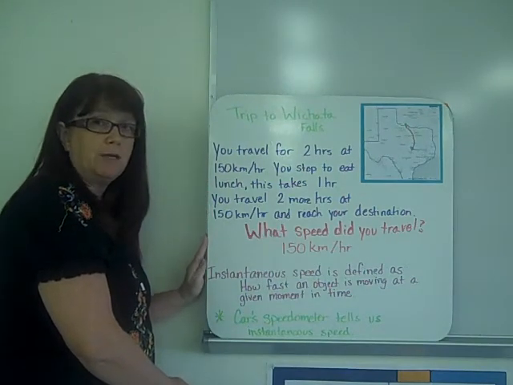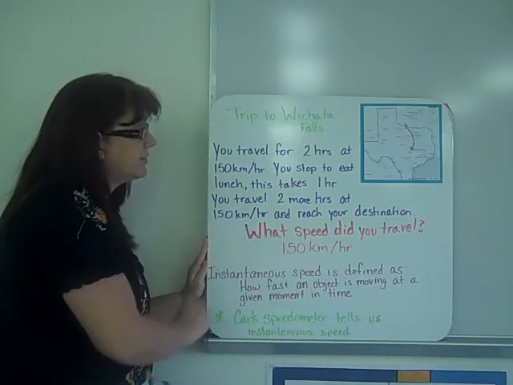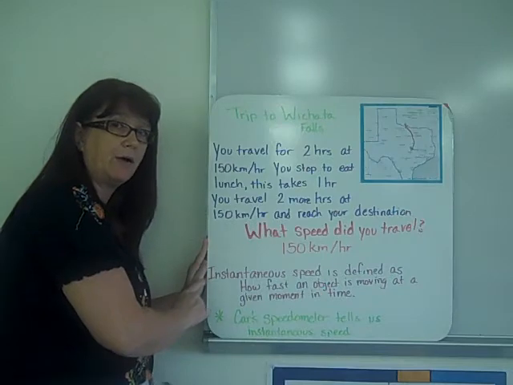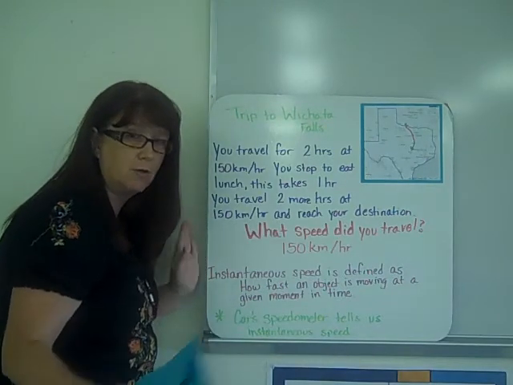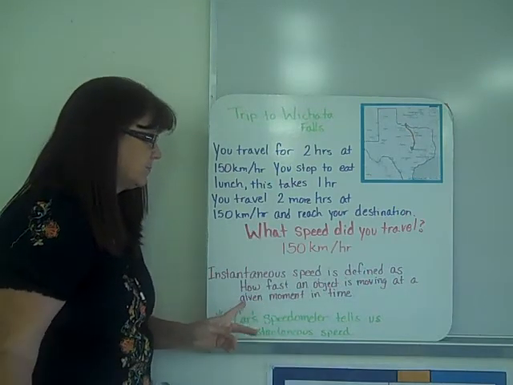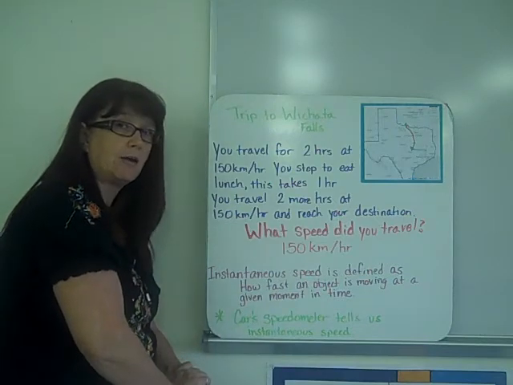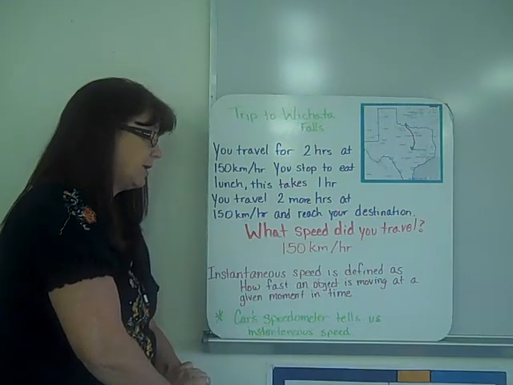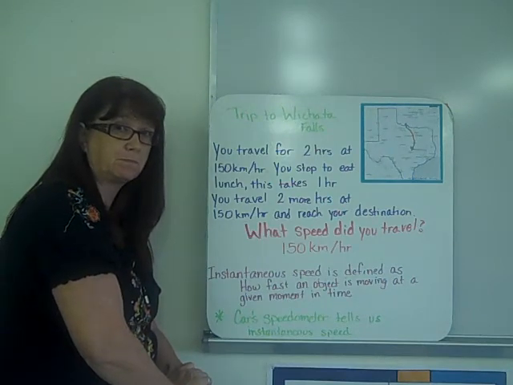Another thing to be conscious of is that when we calculated this, we were actually calculating something called instantaneous speed. So under the flap for instantaneous speed, you're going to define it as how fast an object is moving at a given moment in time.